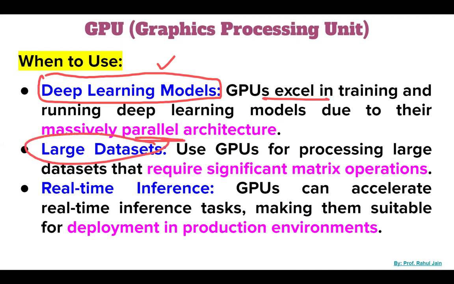If we have large data sets, GPUs are useful for processing data sets that require significant matrix operations, as well as for real-time inference. GPUs can accelerate real-time inference tasks, making them suitable for deployment in production environments, right? So in those cases, we can utilize GPU.